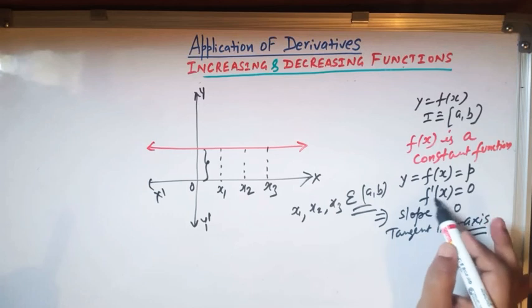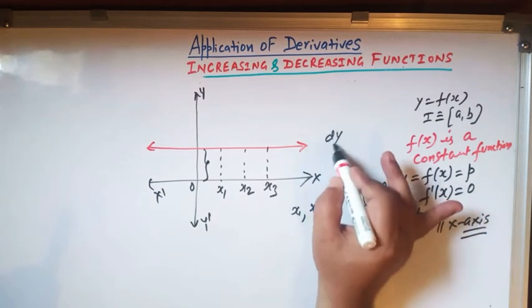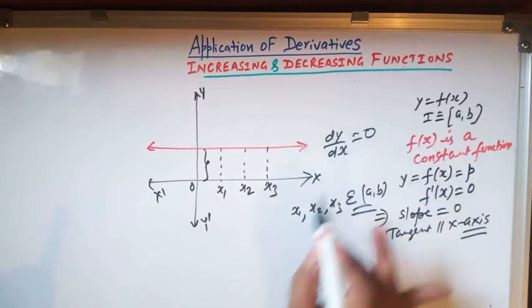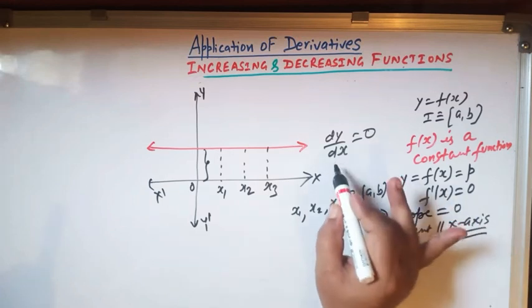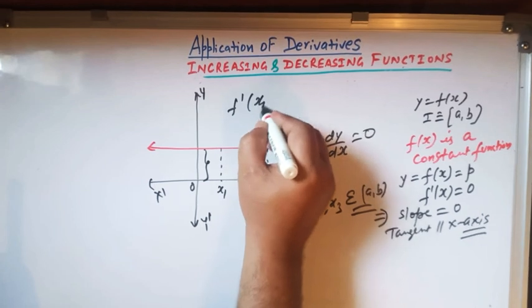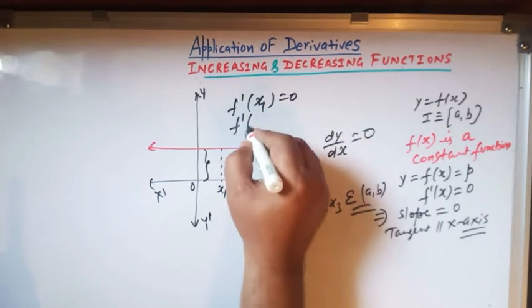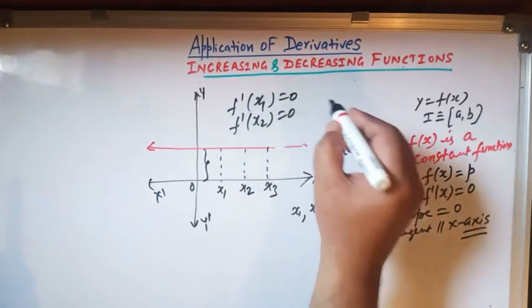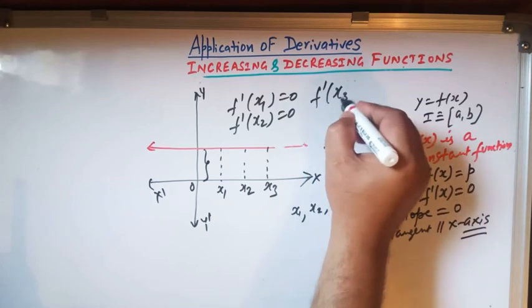We have f prime of x is 0, so f prime of x1 is 0, f prime of x2 is 0, f prime of x3 is 0.